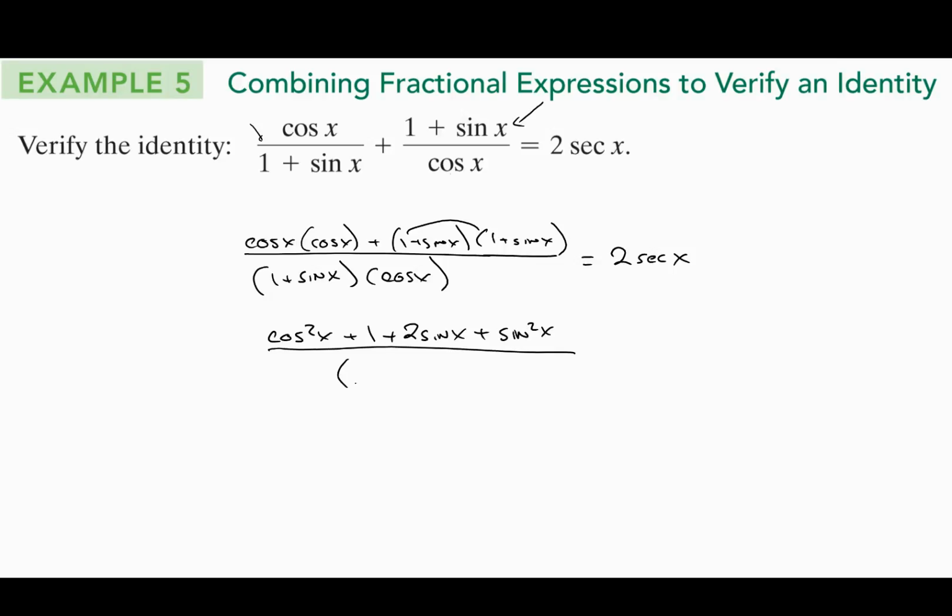And that's over 1 plus the sine of x times the cosine. Now, you could distribute these two things together, but based on experience here, you're going to get to realize that you shouldn't distribute things that mix sines and cosines together, because you're going to want a chance to cancel them out with something later.